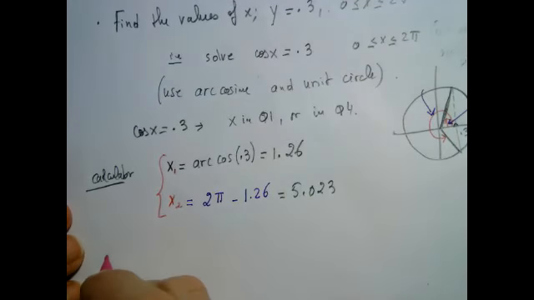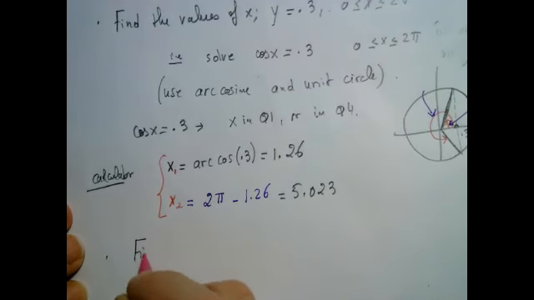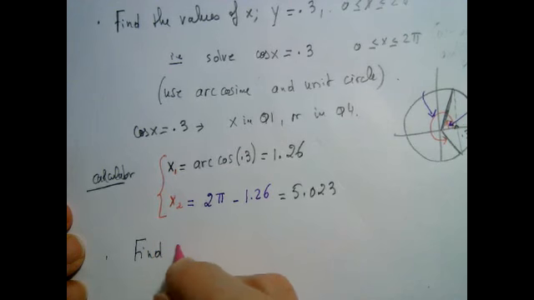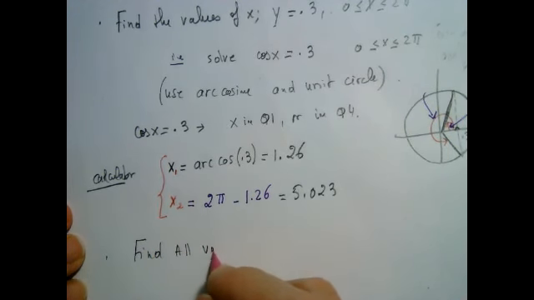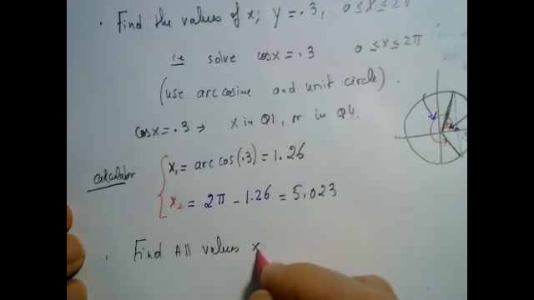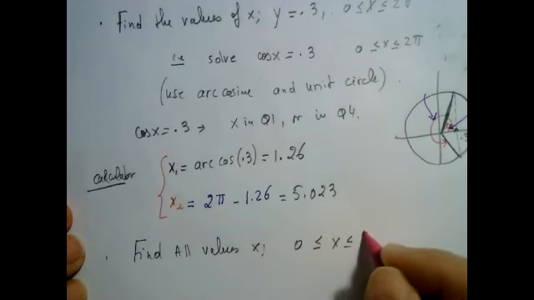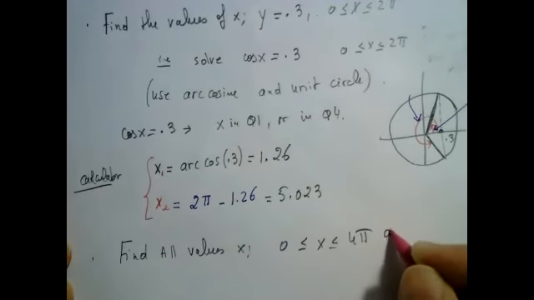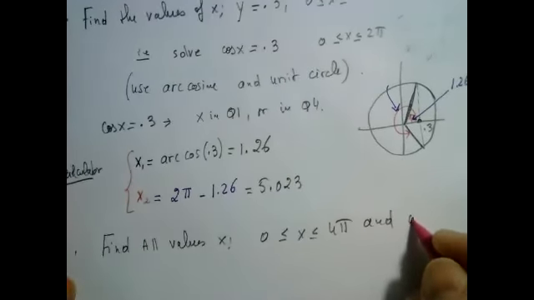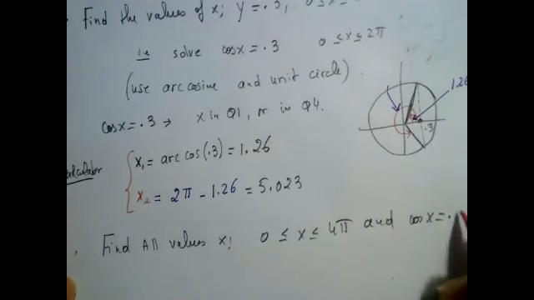Now, suppose I ask you the following question. I want more values. Find all values x such that x is between 0 and 4 pi and cosine x equals 0.3.